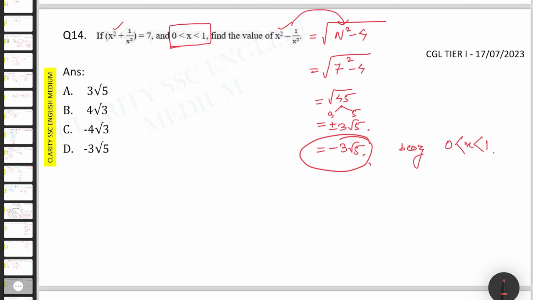So the value of x squared minus 1 by x squared is minus 3 root over 5. Obviously, x will not be greater than 1, so 1 by x squared will be greater. So obviously, minus 3 root over 5 is the correct answer.